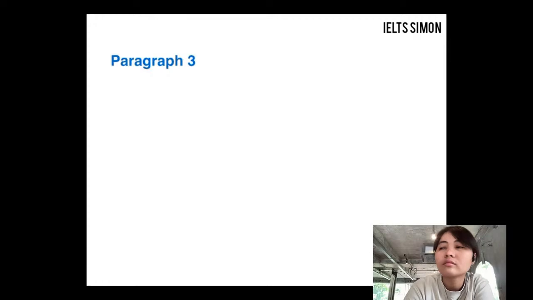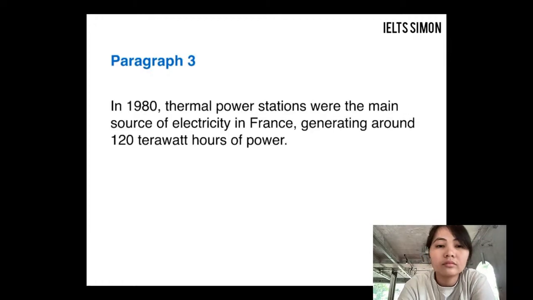So here's my paragraph for paragraph 3. I wrote 3 sentences and I started with the first year, as I said, and the highest number. In 1980, thermal power stations were the main source of electricity in France, generating around 120 terawatt hours of power. That's the highest number in the first year.